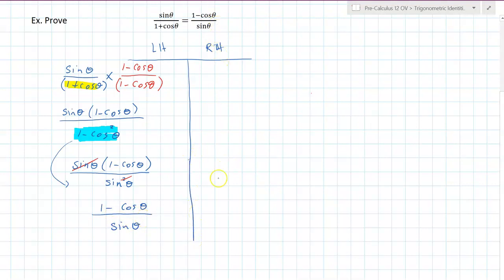On the right hand side, we did have 1 minus cos theta divided by sine theta. So now you see that after manipulating the left hand side using the conjugate, we end up getting the same thing. So that's where the use of a conjugate is very useful.